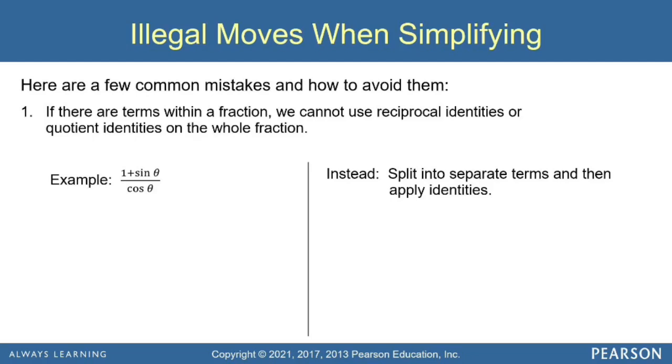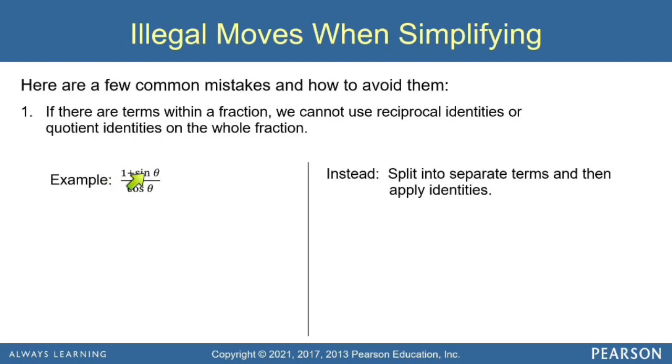That's because we can only use reciprocal and quotient identities when the fraction is all one term. This example right here, where we have 1 plus sine of theta all over cosine of theta, has 2 terms in the top. Because of the plus sign, we know that the top is made of 2 separate terms.